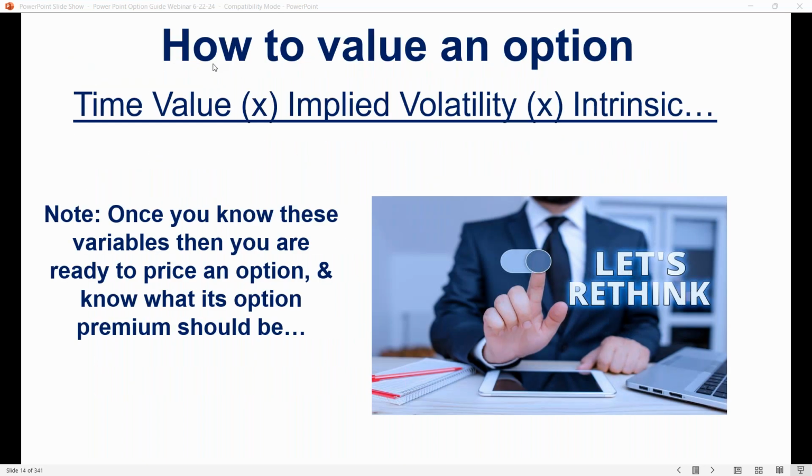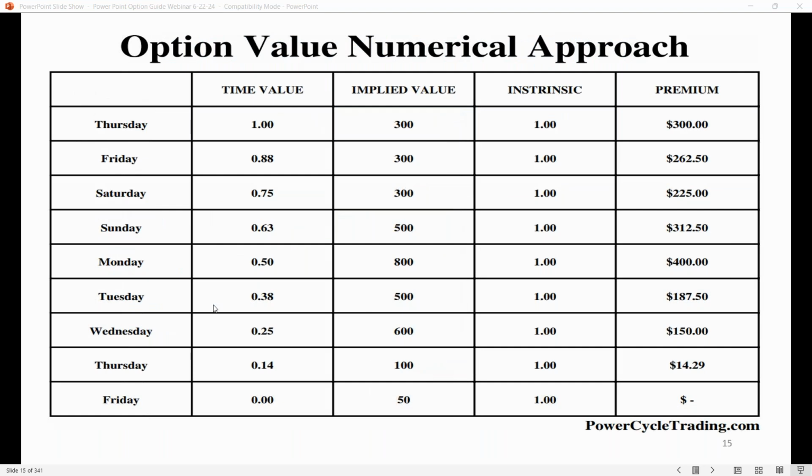So then we look to put together a price of an option, and that comes down to that time value component times the implied volatility times the intrinsic value or the underlying security price. So once you know these variables, then you're going to be ready to price out the option, know what that option premium is, and then select the appropriate option strategy for the environment you're trading.